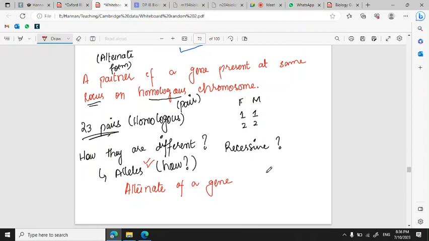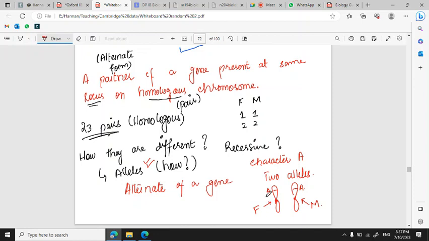Now always remember, if I have a character A, I always have two alleles for that character. I get one allele on one homolog and the other allele on the other homolog, which means I get one allele from one parent, because this homolog I got from my father and this homolog I got from my mother.